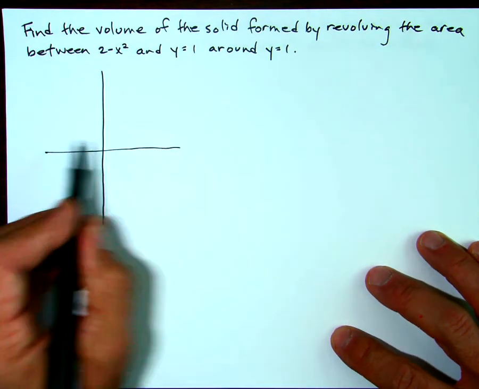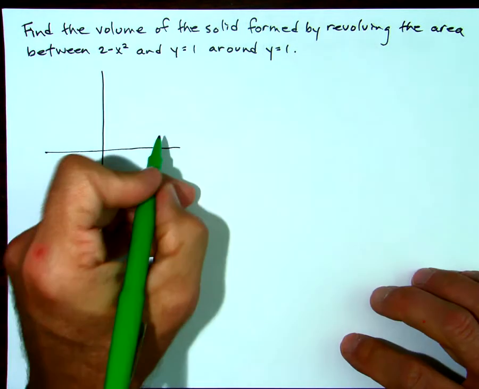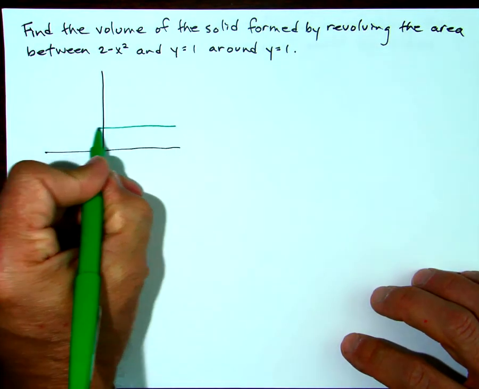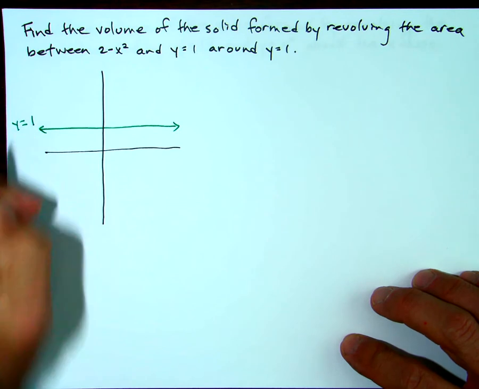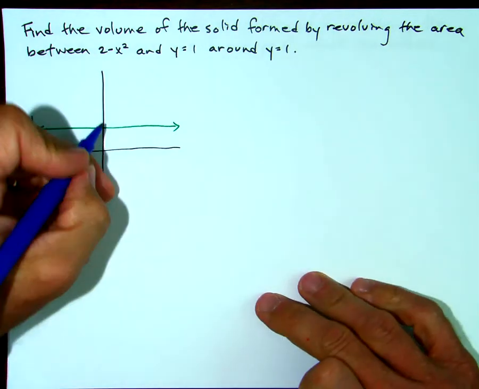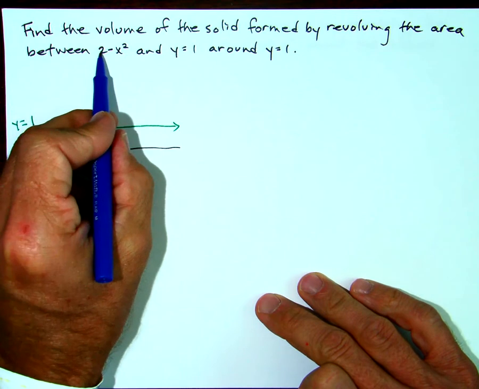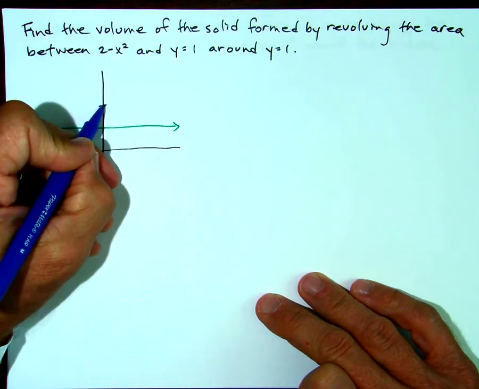Right? So let's see, we'll call this y equals 1 right here. That's the line y equals 1. And then 2 minus x squared. Well, when x equals 0, y equals 2. So our y-intercept is 2, and the negative x squared indicates that it's going downward.